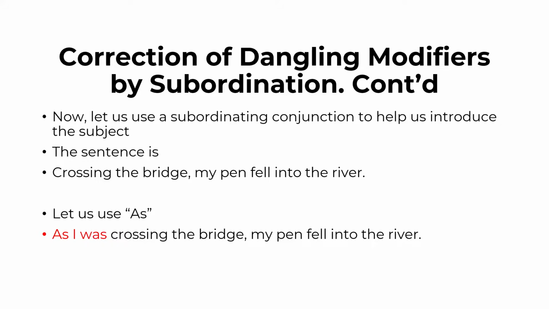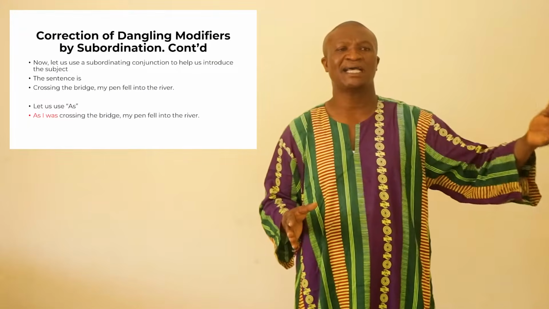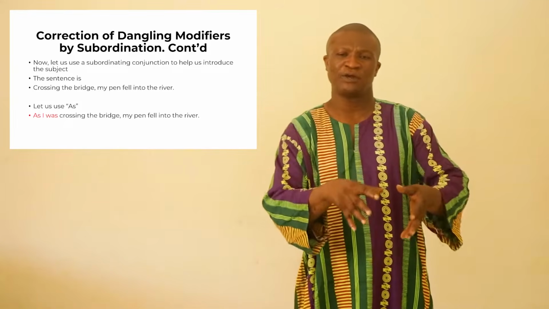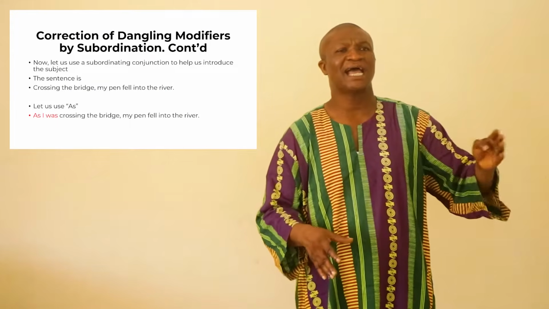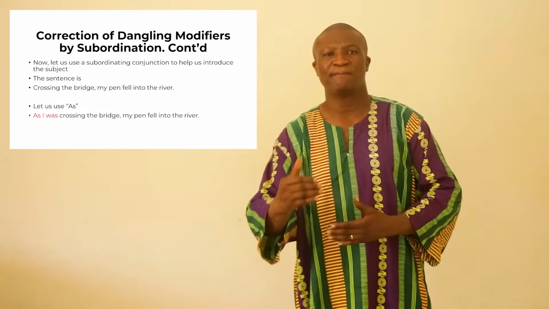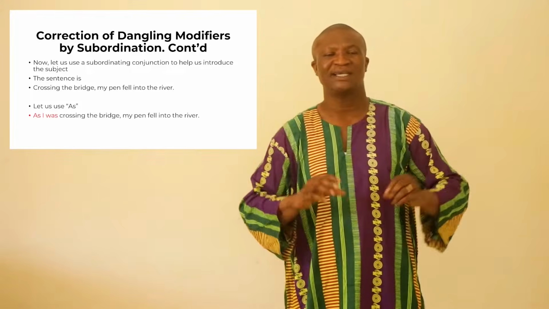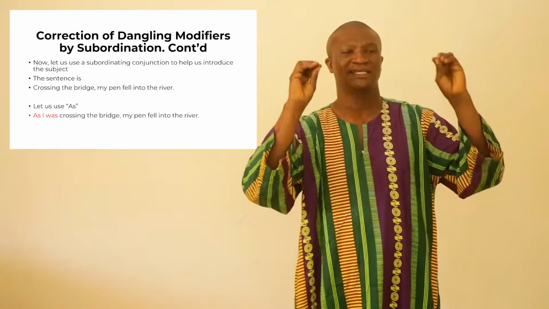Now, let's look at how this is done. When we take the example that we gave, crossing the bridge, my pen fell into the river, we can use a subordinating conjunction to start that sentence. Let's use as. So, as I was crossing the bridge, my pen fell into the river. This sentence is now well formed because we now have the subject.